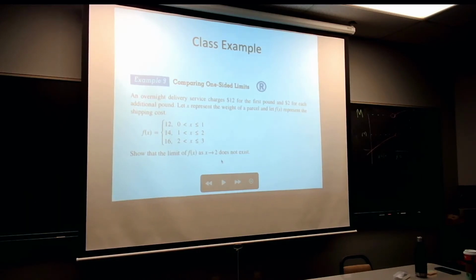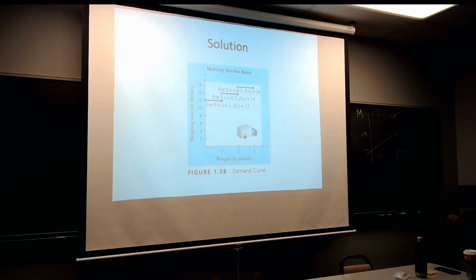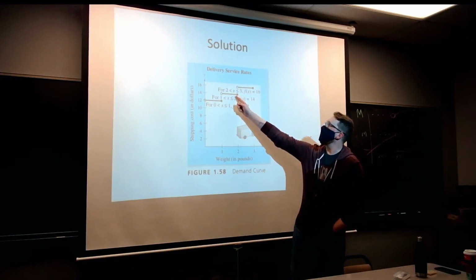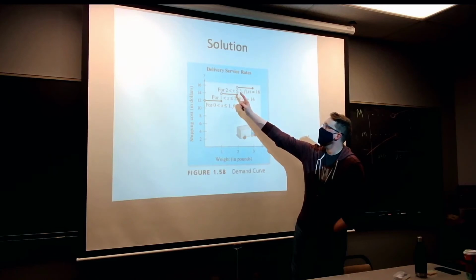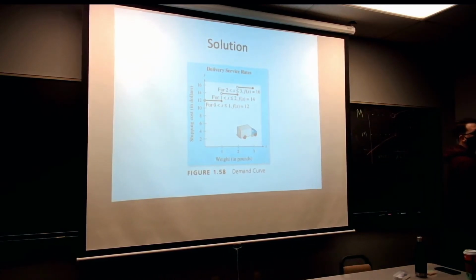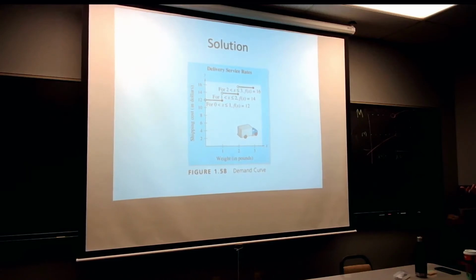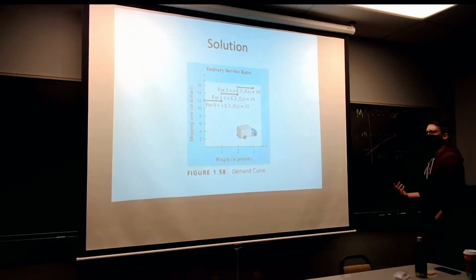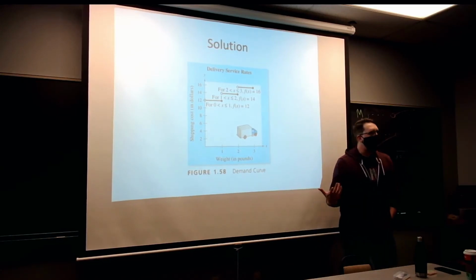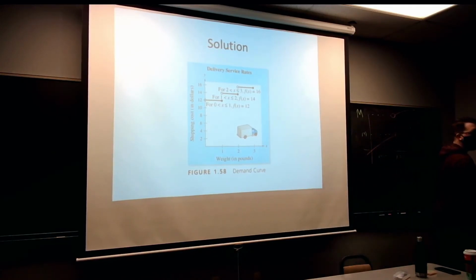We want to show that it doesn't exist. Why doesn't it exist? Well, as x approaches 2 from the left, we're going to get close to 14. Coming at it from the right, we're going to get close to 16. So, since they're not equal, the limit doesn't exist.